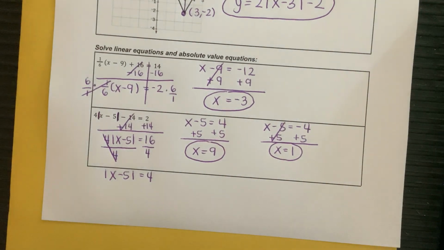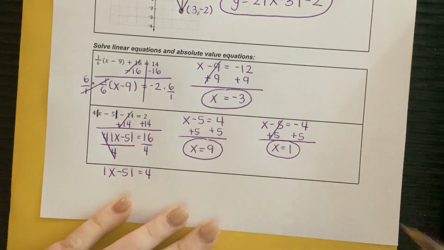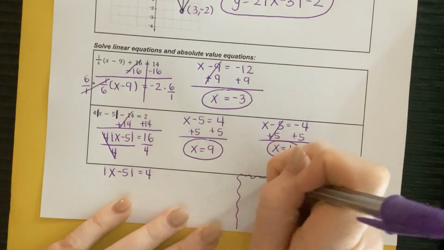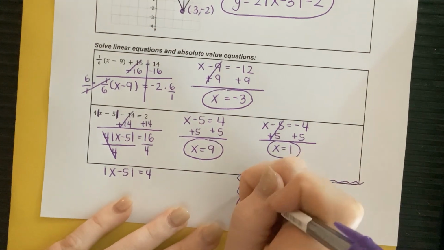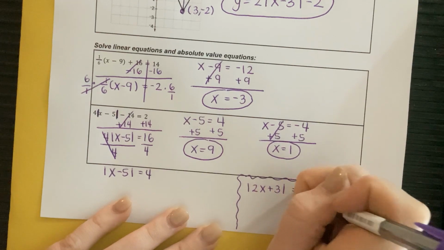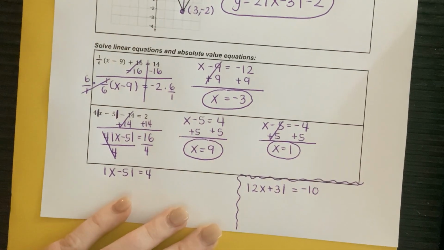Real quick notes, and they're not on here, but I want to make sure you remember. If you start to isolate, and this is just a separate equation, and you get something like the absolute value of 2x plus 3 is equal to -10, absolute value always gives you a positive number. So I can never say that the absolute value is equal to a negative number.